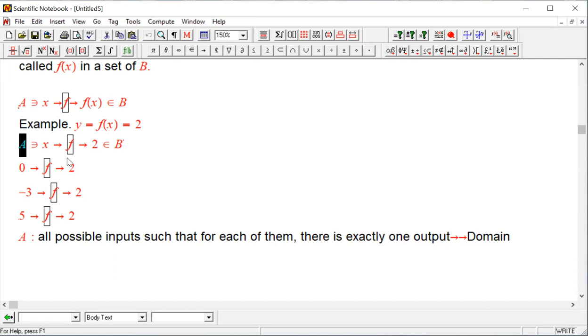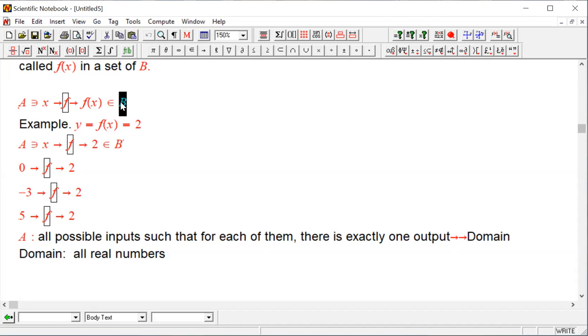In our case, for this particular function, the domain is all real numbers, because we can assign 2 to each input, which can be any real number. How about the range?